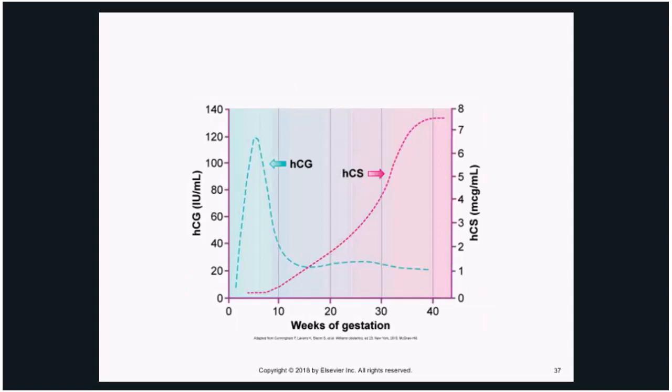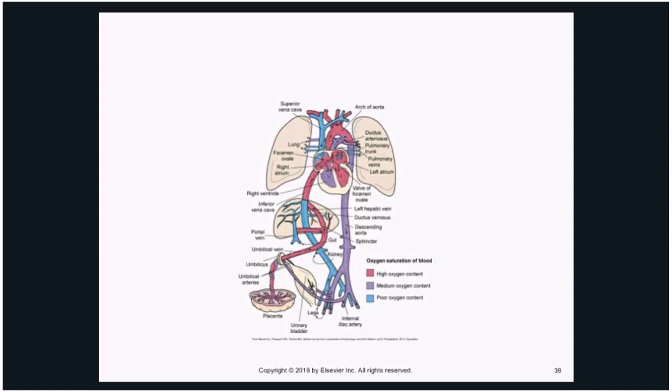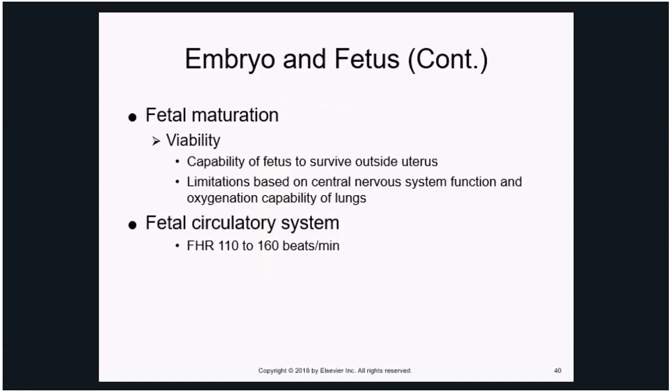HCG increases with gestation at the beginning. Fetal maturation: viability, the capability of the fetus to survive outside the uterus. Limitations are based on central nervous system function and oxygenation capability of the lungs.